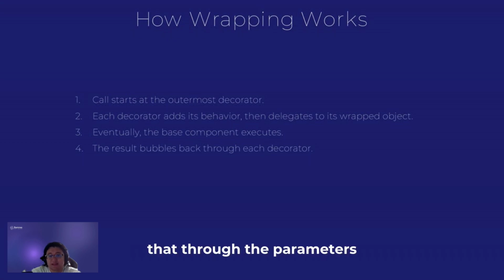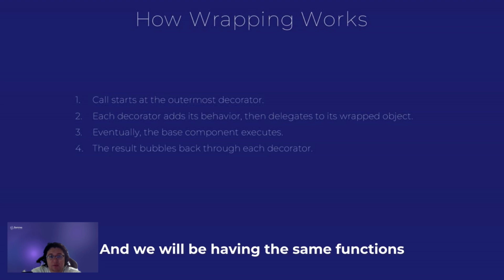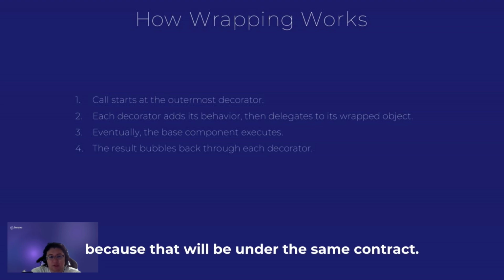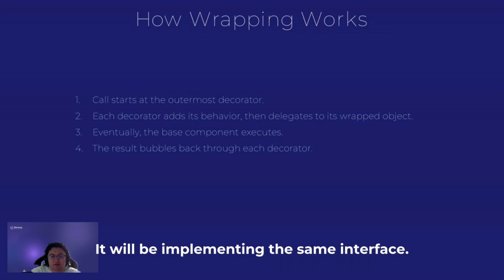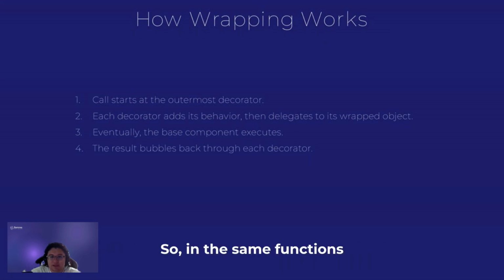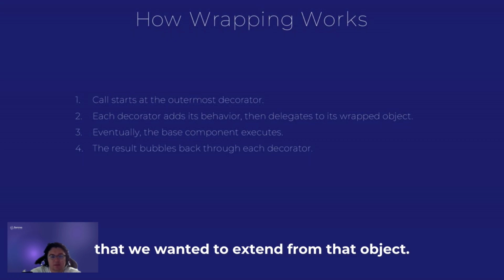We will be sending that original class through the parameters, and we will have the same functions because that will be under the same contract. It will be implementing the same interface. So in the same functions, we're going to call the functions of the original class, and then with that result, we are going to do the new logic, the new functionalities that we wanted to extend from that object.